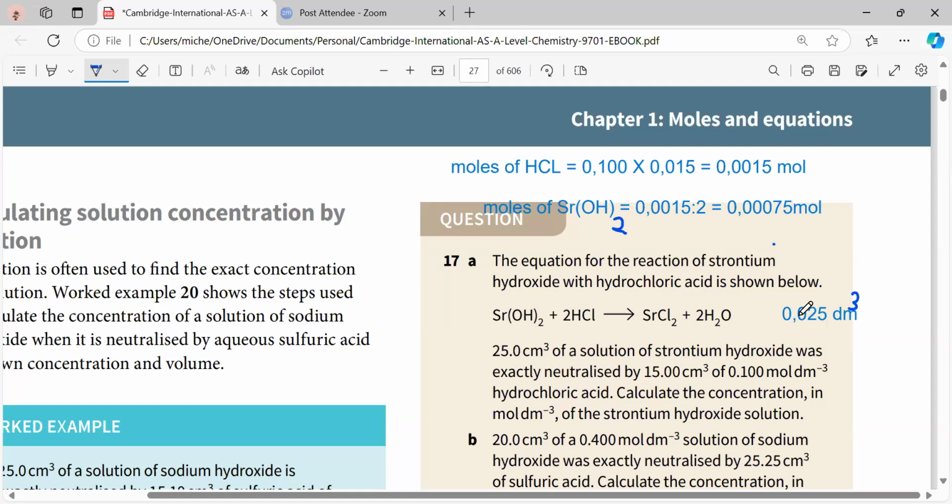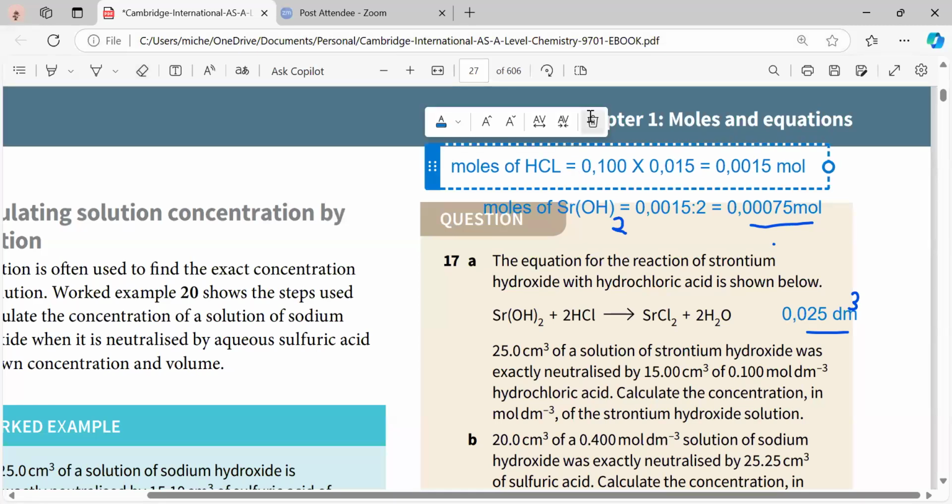Now we already found the volume. This is the volume, and this is the number of moles right here. Now we can calculate the concentration of strontium hydroxide. So in order to find the concentration, I'm going to delete this part.